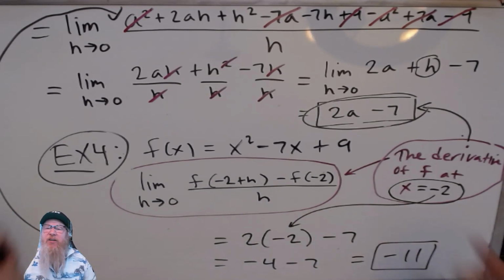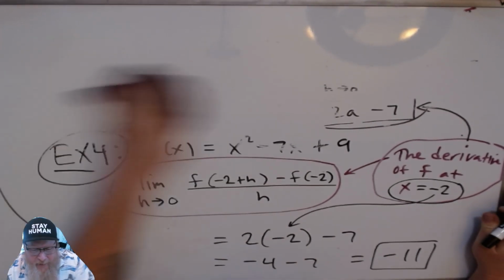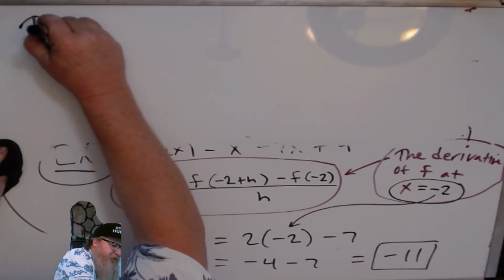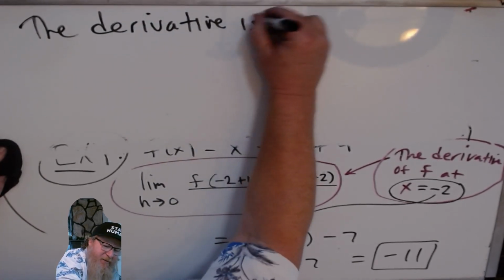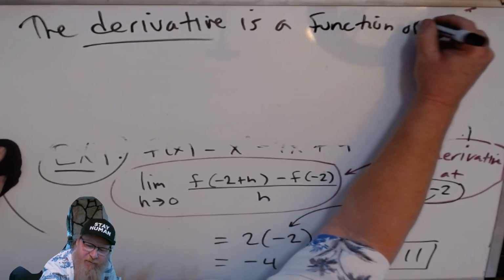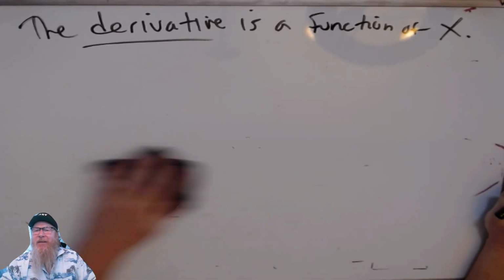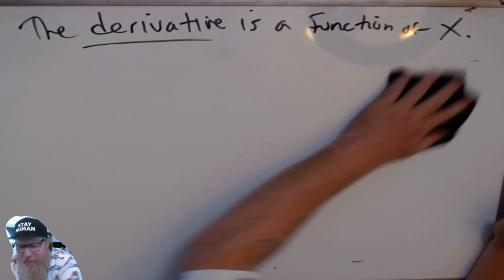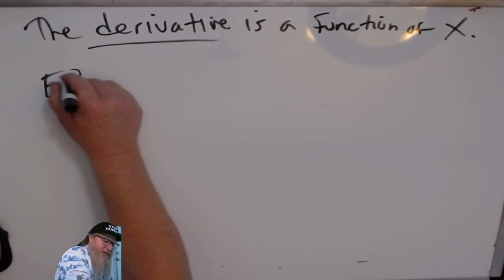Let's just not use any different symbol. Let's just use f. The derivative is a function of x. The derivative itself is just another function of x. So let me show you an example.